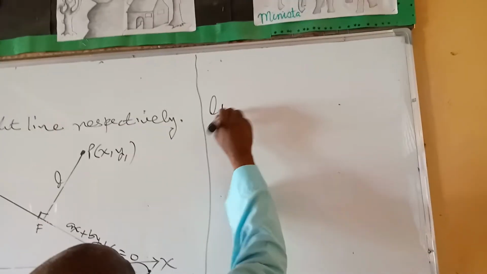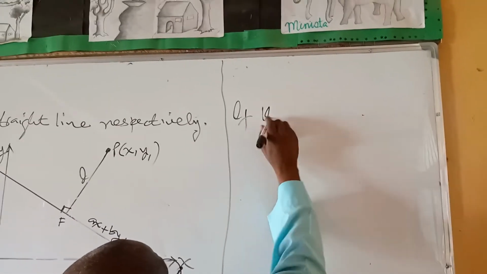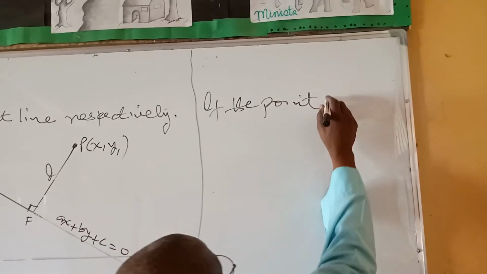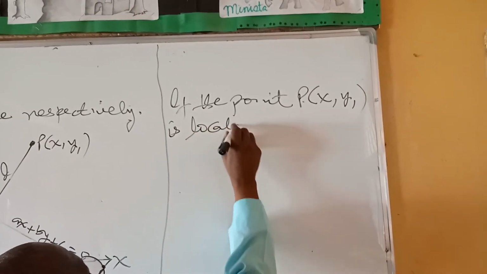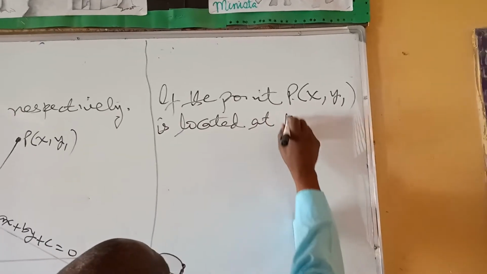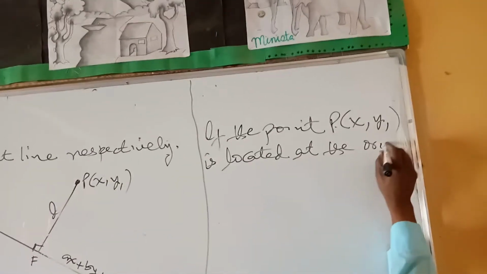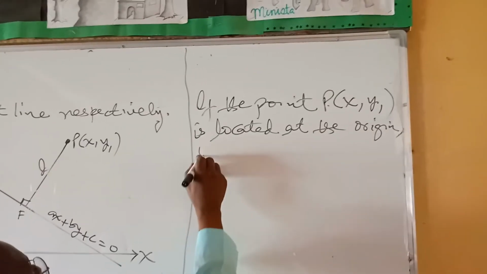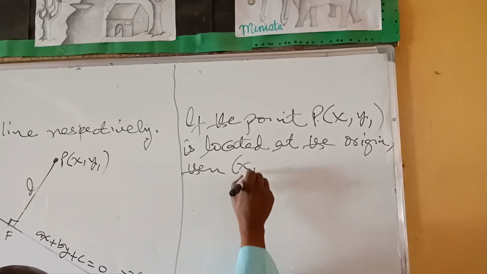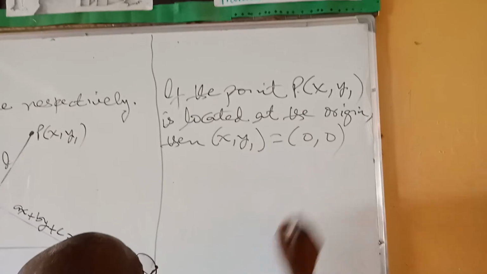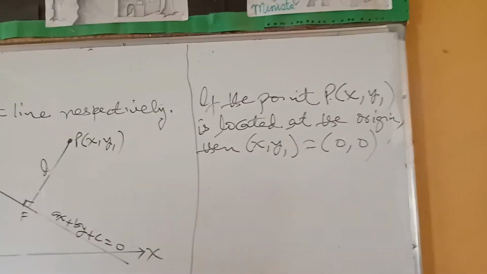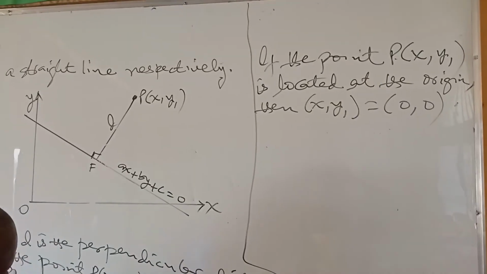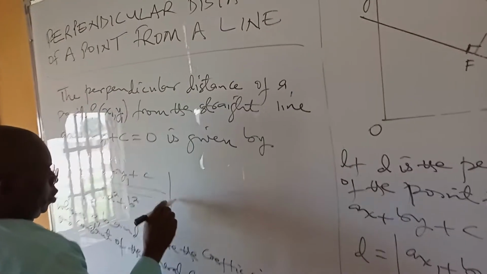If the point P x1, y1 is located at the origin, then x1, y1 is equals to 0, 0. Let me call this one equation 1.